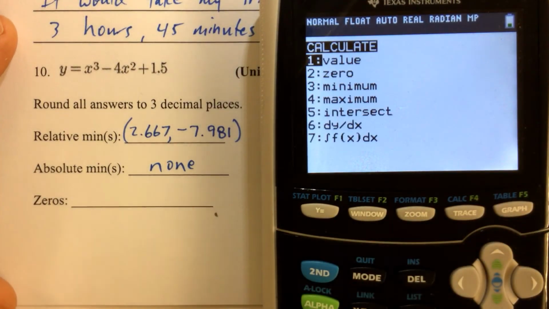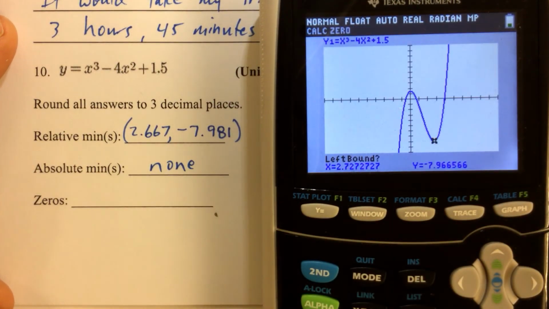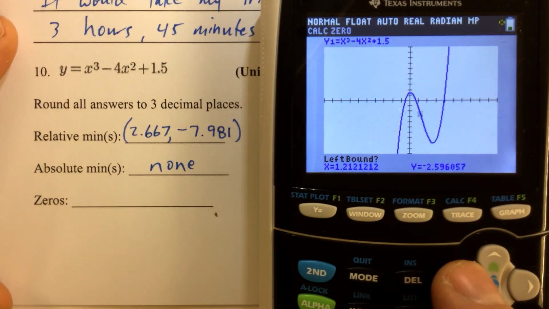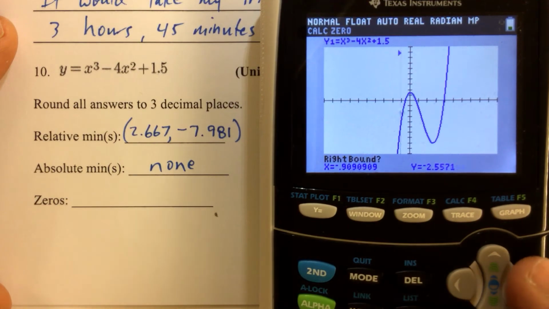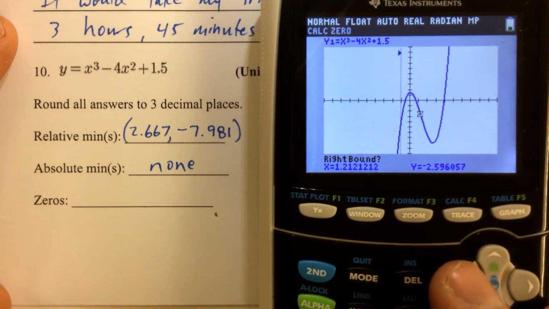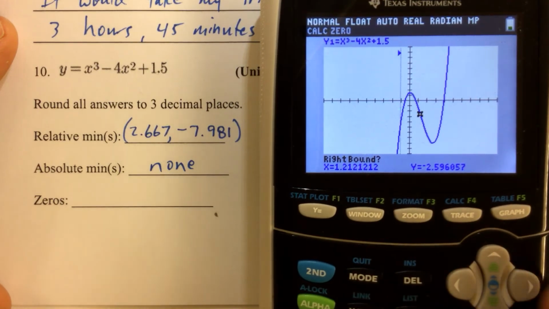Second calculate, and you can see it right there. Number 2 is zero. You're going to move the cursor to the left of that first zero, enter. Then move the cursor to the right of the first zero. Now, if you move it way to the right, you may have some trouble because there are 2 zeros in between. But if you happen to do that, don't worry about it.